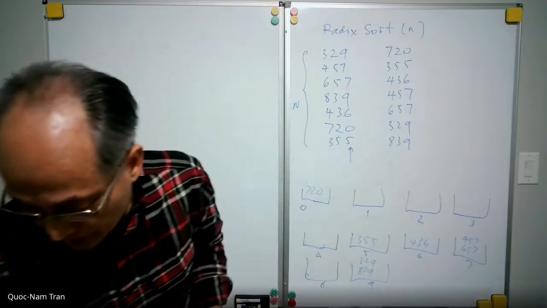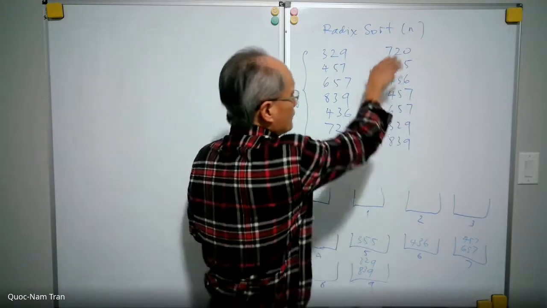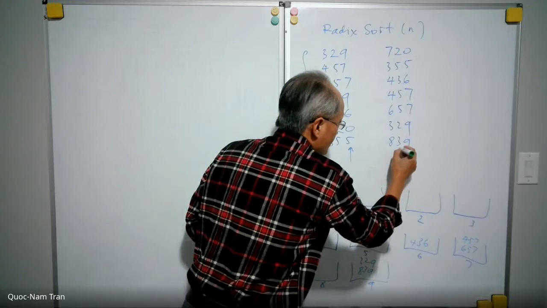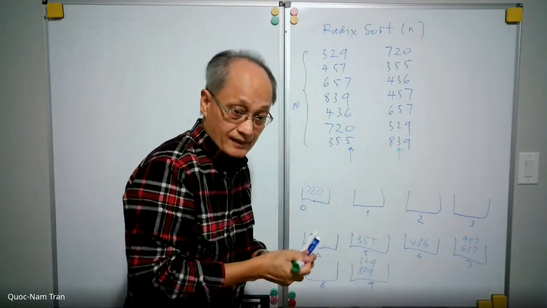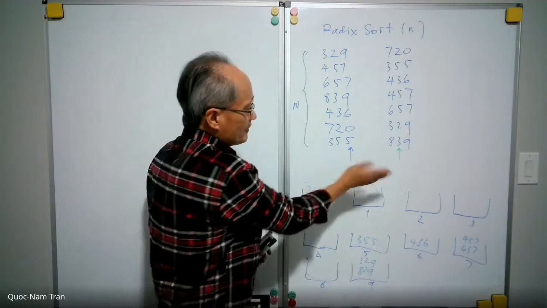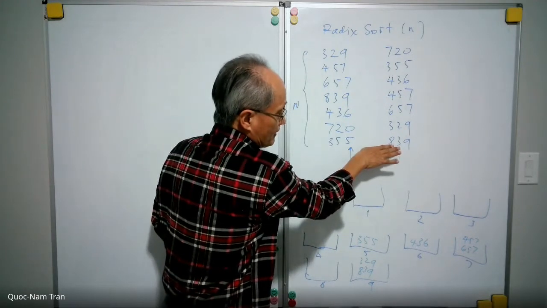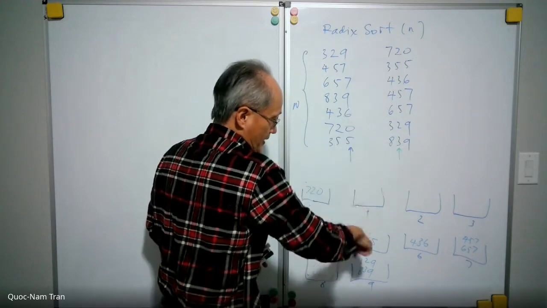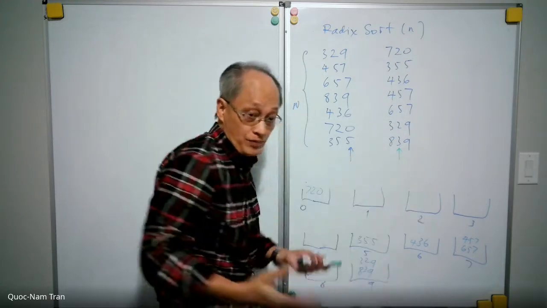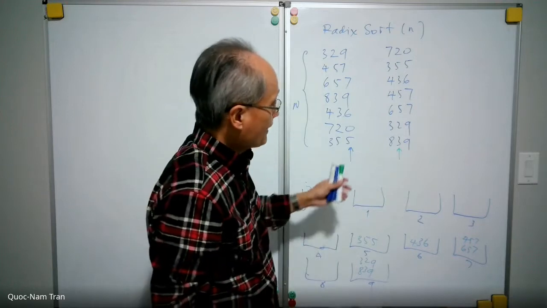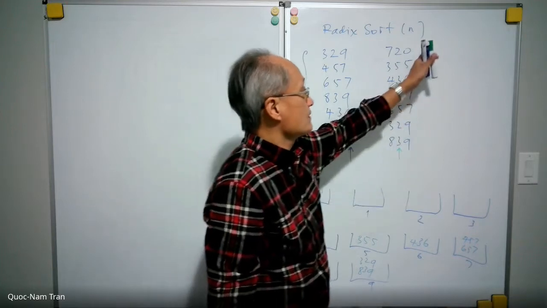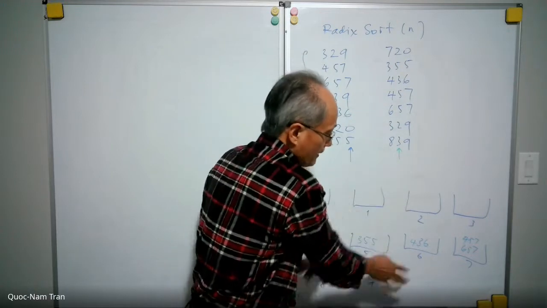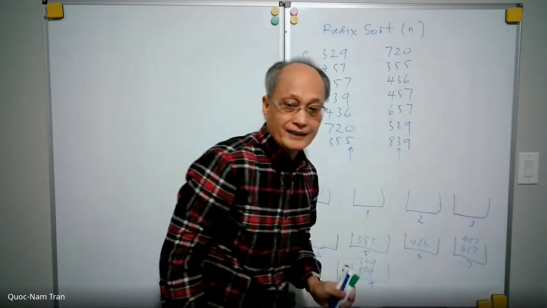And now we will try to do the same thing, but using the second digits. Okay? So again, we will scan the list from bottom up and then copy, right? So pull out a piece of paper and let me know what is the result after you push into the buckets and then pop them back.